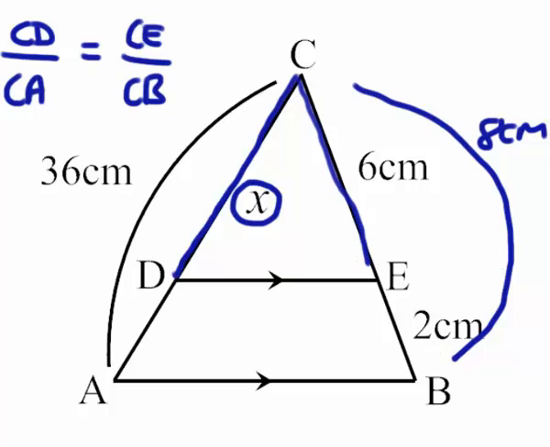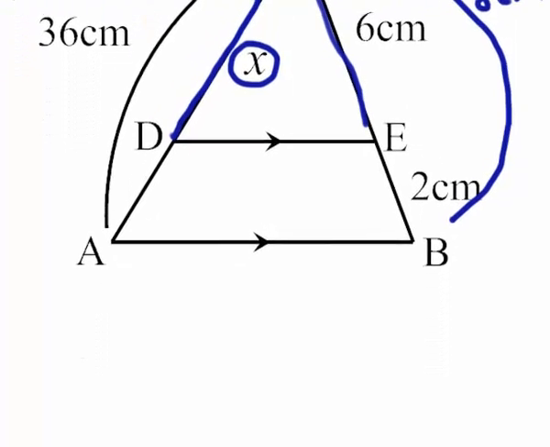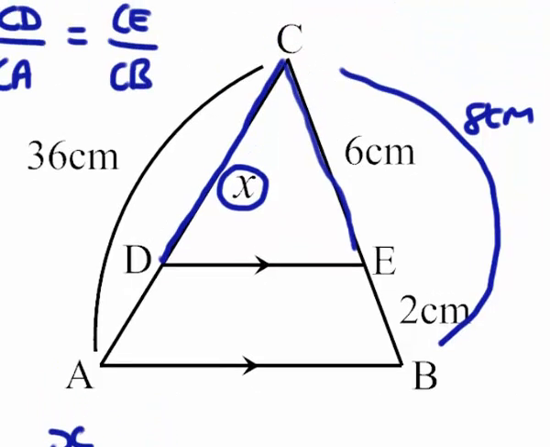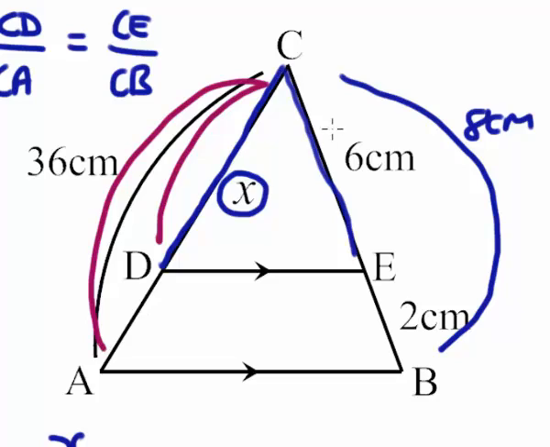You see, so if we fill in the information that we need, let's see. So we've got x divided by 36 centimeters. Now follow the pattern. It's x, this side CD over CA. Alright, let's color code that a little bit.